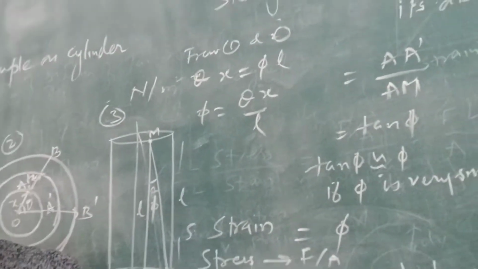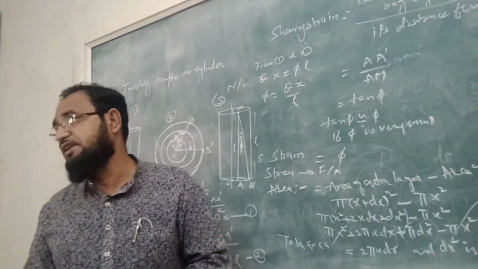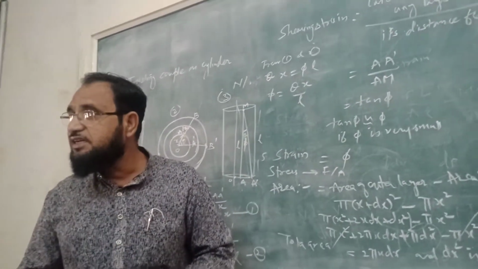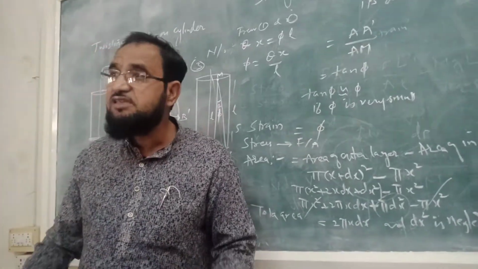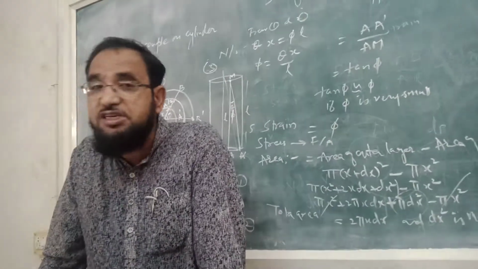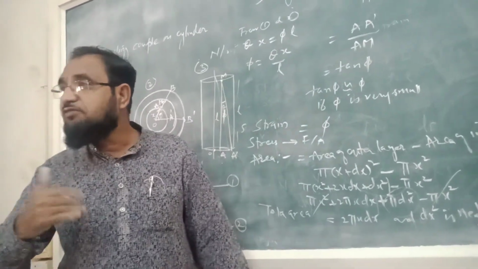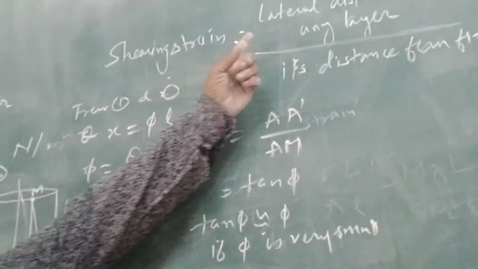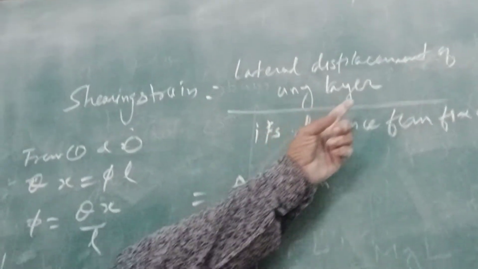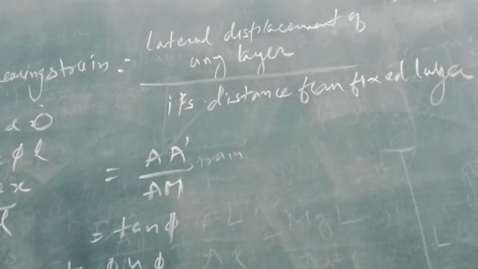Another thing is that we want to calculate the modulus of rigidity, and from the modulus of rigidity we want to find the force. Modulus of rigidity is shearing stress upon shearing strain. So to calculate the shearing strain, I will write the formula here: lateral displacement of any layer divided by its distance from the fixed layer.